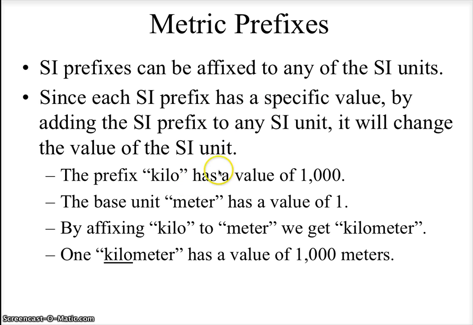Now, meter by itself has a value of 1. So if you put kilo and meter together to make a new word, we get kilometer. And what that ultimately means is 1 kilometer has a value of 1,000 meters, because kilo means 1,000 and meter means meters. So you can affix prefixes to many different base units.